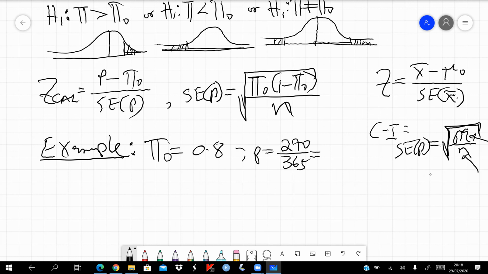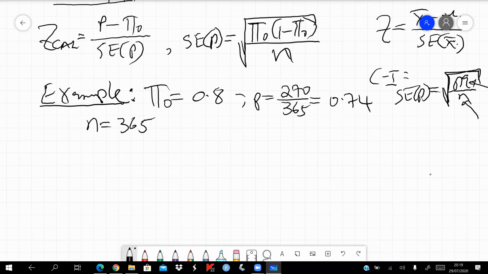So let us round it off to 0.74 for simplicity. Okay. So let's round it off to that value. Then we have our n, 365 days. And I think we are set. We are good to go.